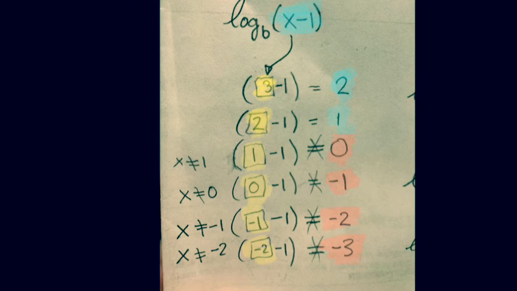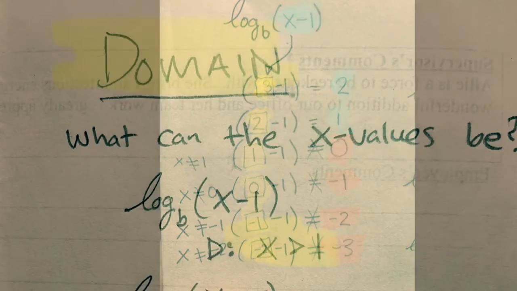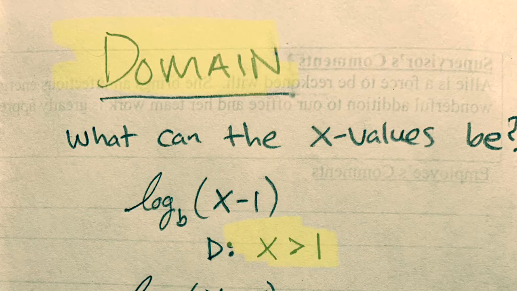And so since the domain is all of the x values that are possible, the x values that you can plug in, well, every single log has a domain that is based off of the a value for the input. And so if you have a log that is x minus 1, then the domain is that x can be any value that's bigger than 1.